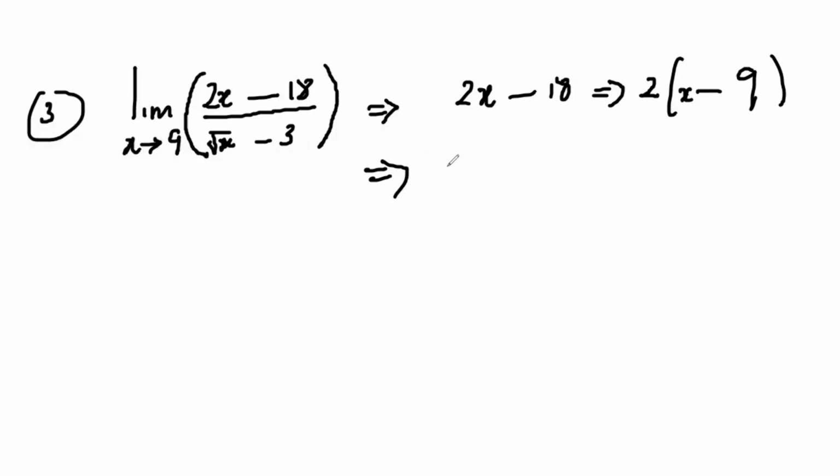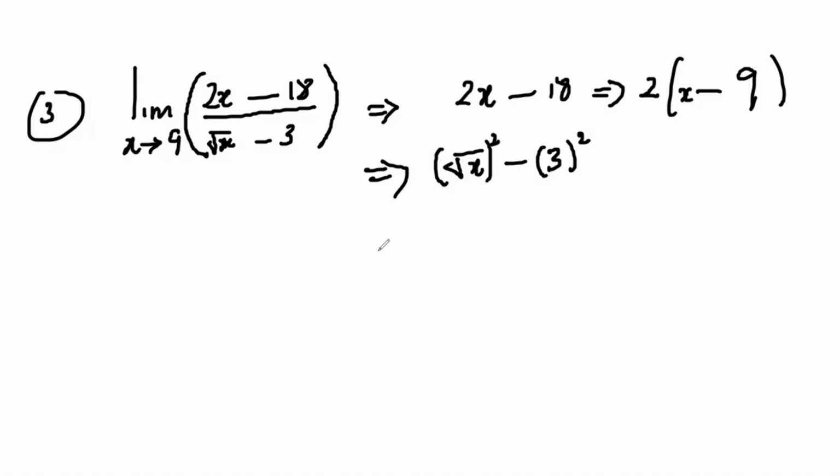Now this is it. Instead of having just x minus 9, I'm going to transform that to the root of x minus 3. Now this goes with a square, and this also goes with a square. If I square the root of x, I'm going to get x. Likewise, if I square 3, I'm going to get 9.